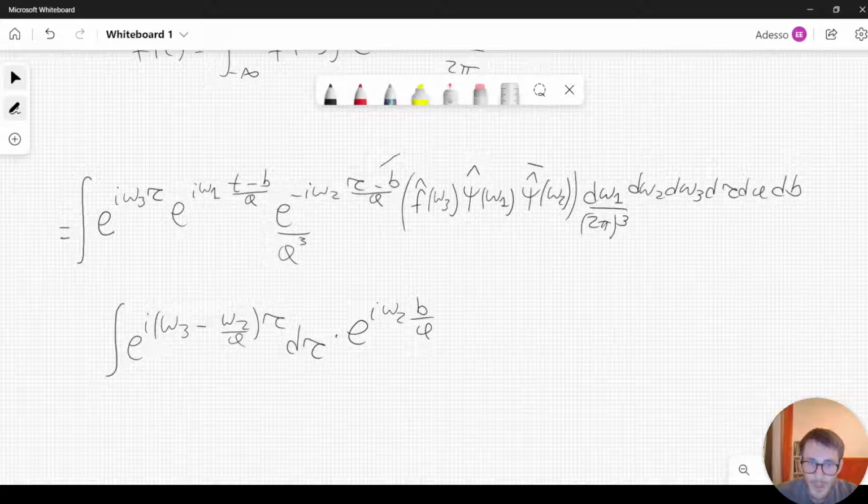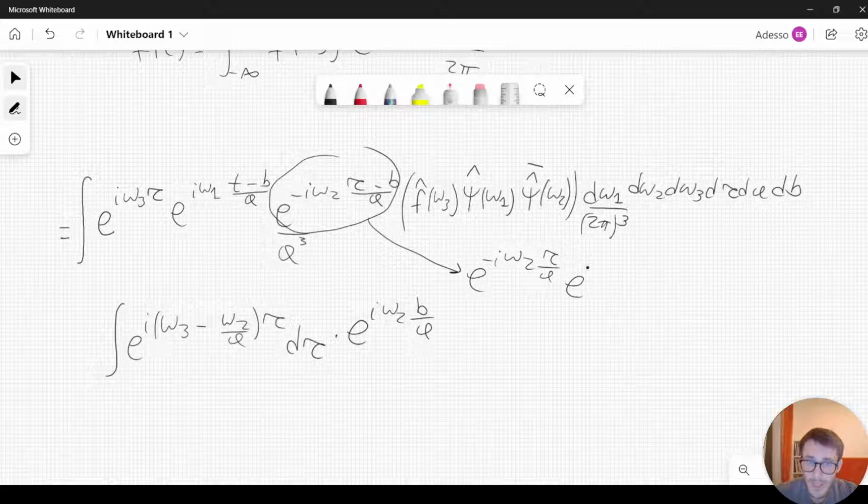It comes from this part, because the exponential can be written as e to the minus i omega 2 tau over a multiplied by e to the i omega 2 b over a. So when we integrate over tau, this can be factored out of the integration.